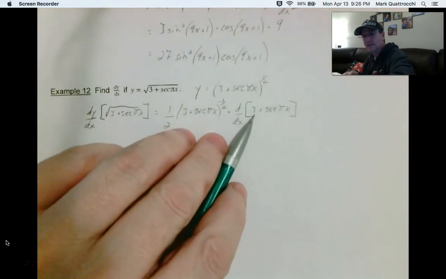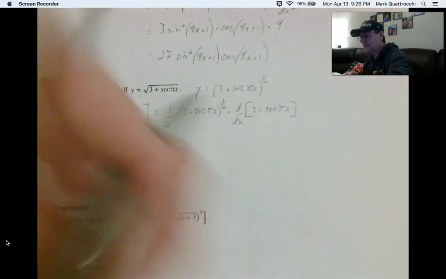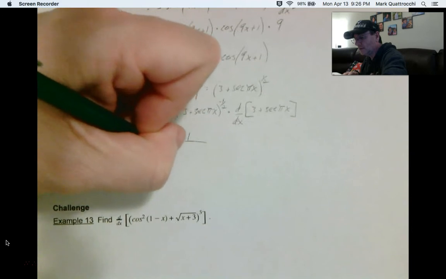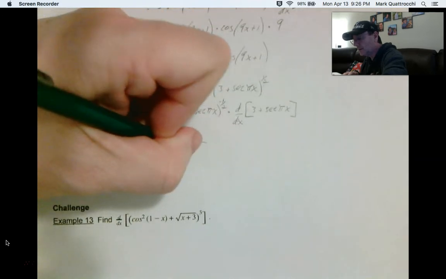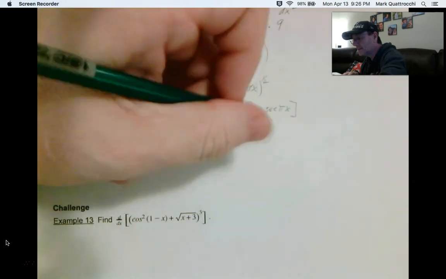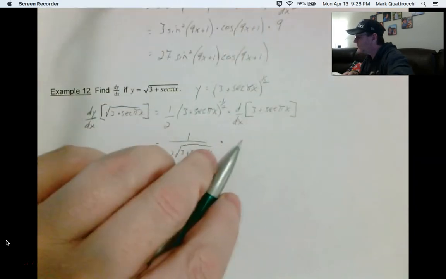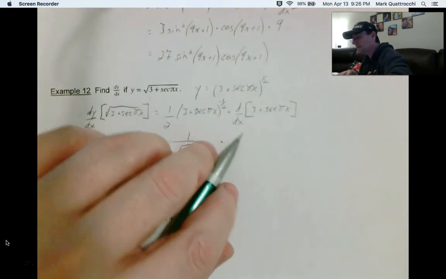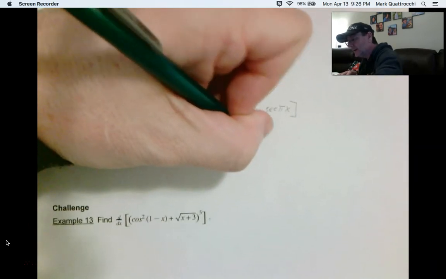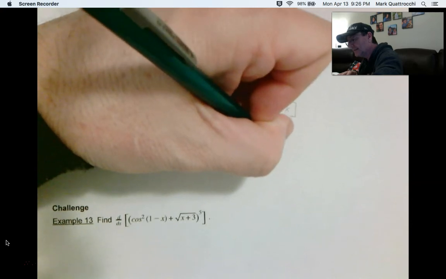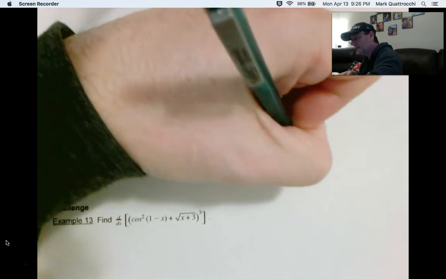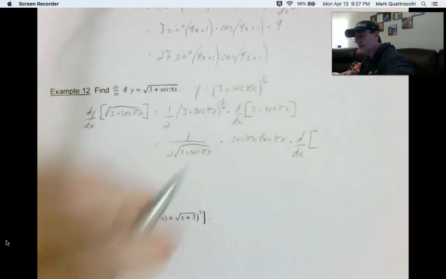The derivative of 3 is 0. The derivative of secant, let's rewrite this, 1 over 2 square root 3 plus secant pi x times the derivative of secant, which is secant x tan x, so secant pi x tan pi x times d dx of the inner function.